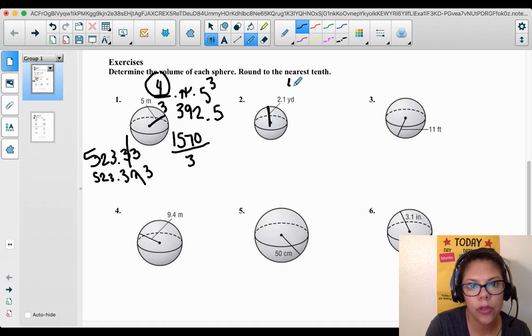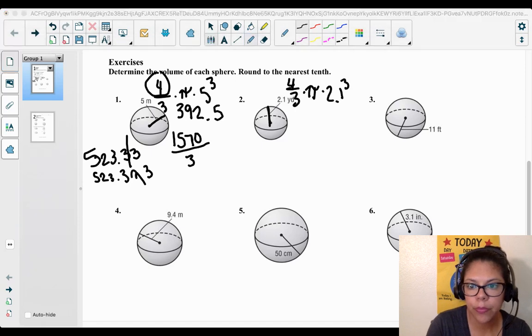Okay, so 4/3 times pi times 2.1 to the third power. So 2.1 times 2.1 times 2.1 is 9.261, but we still need to multiply that to 3.14.